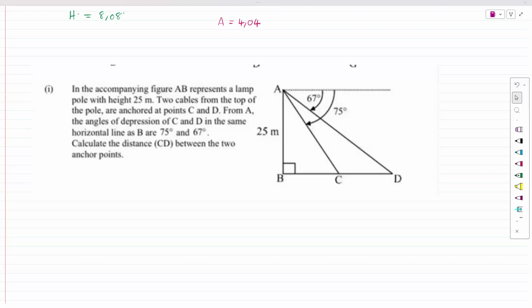They told us two cables from the top of the pole are anchored at points C and D. They also told us from A, the angles of depression to C and D. That means it's decreasing, it's not increasing. They gave us angles 75 and 67, and they want us to calculate the distance between CD.